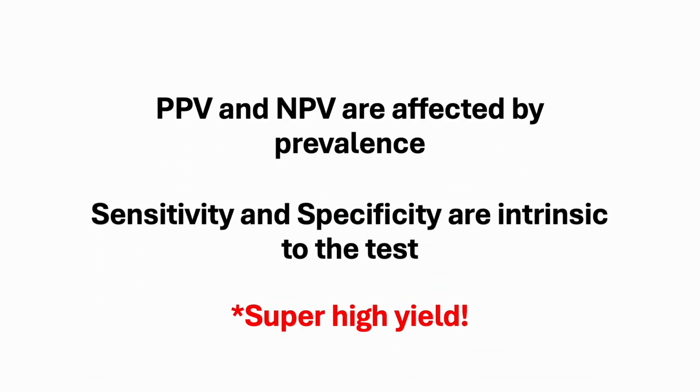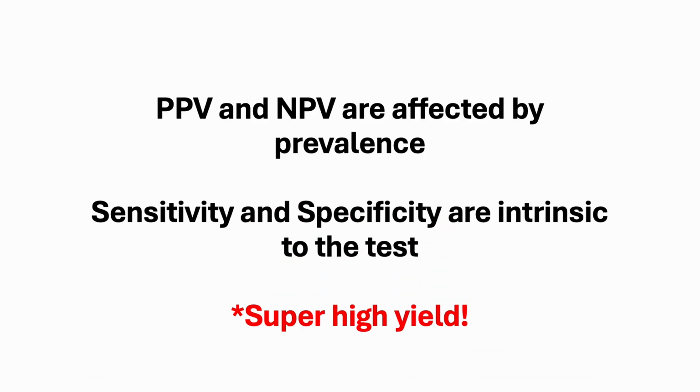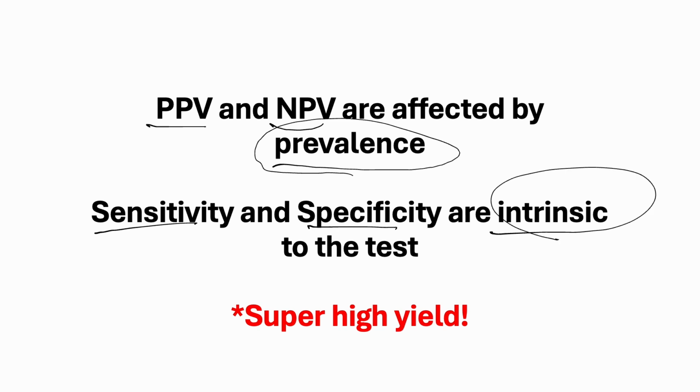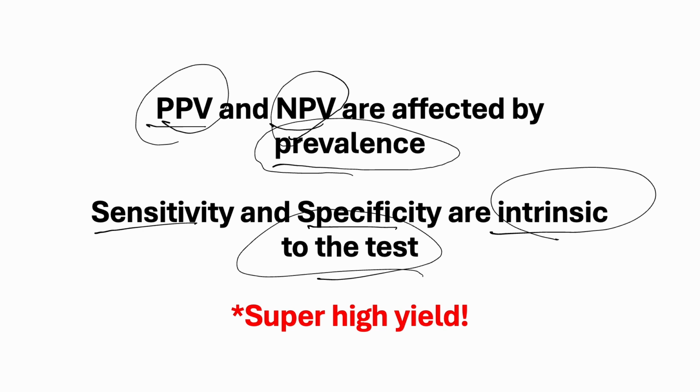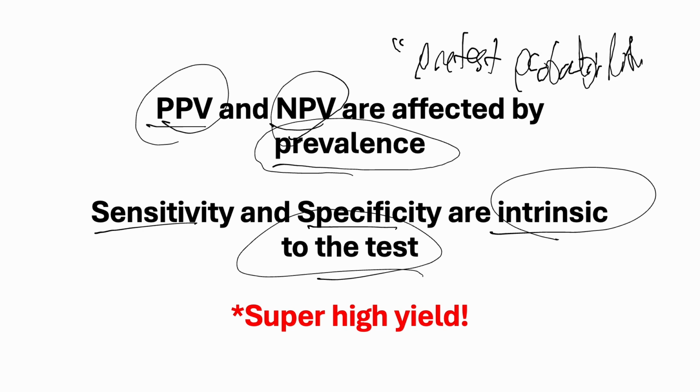All right. Again, here's another topic that's super high yield. Positive predictive value and negative predictive value are affected by prevalence. And sensitivity and specificity are intrinsic to the test. So when the prevalence of a population changes, then negative predictive value and positive predictive value are affected because these are affected by something called pre-test probability, which you can kind of assume.